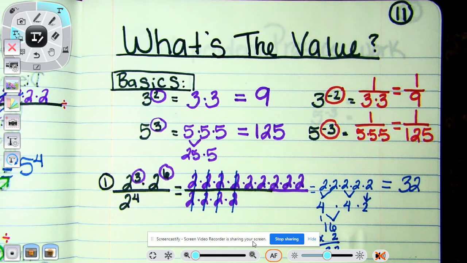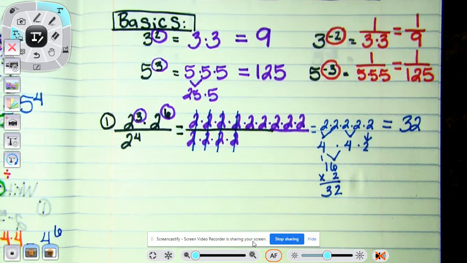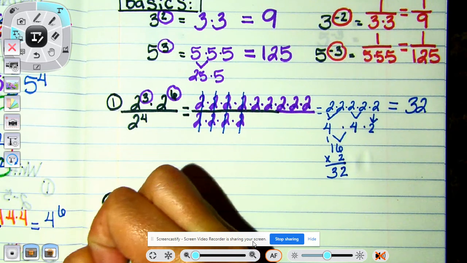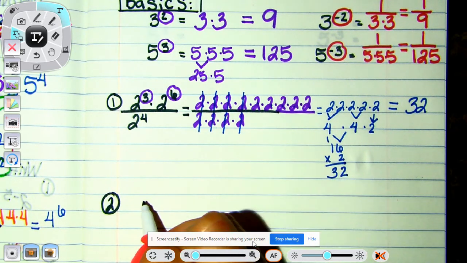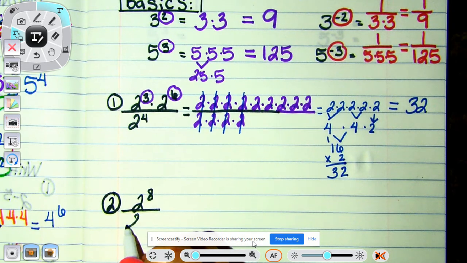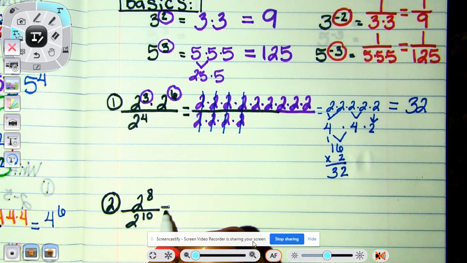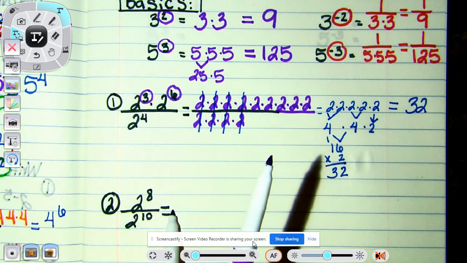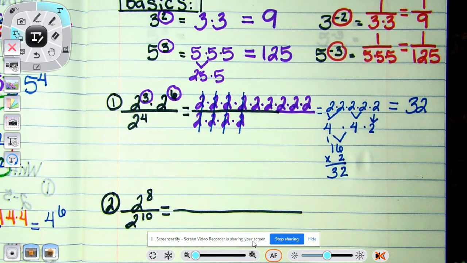Okay, let's do another one. Number 2. Let's do 2 to the 8th divided by 2 to the 10th. Again, they're all positive, so we're leaving our numbers where they're at. We're not moving anything around. We're doing exactly what it says.